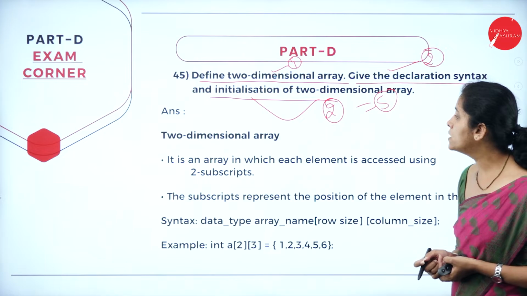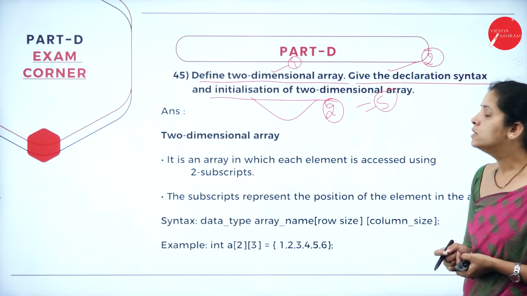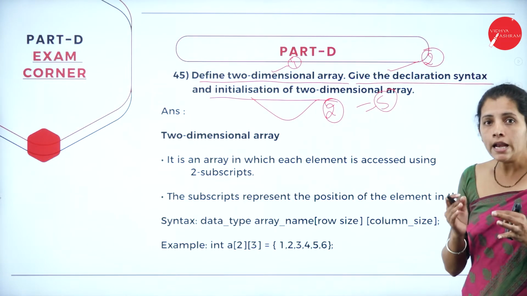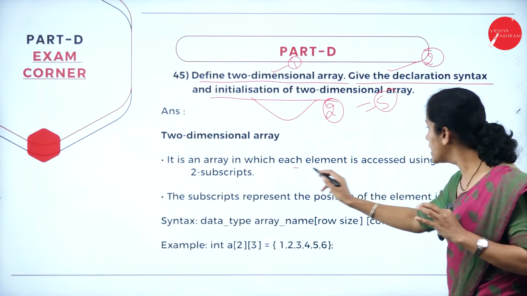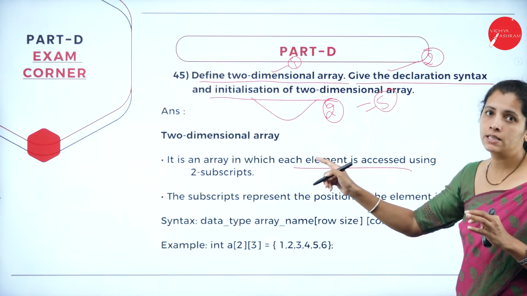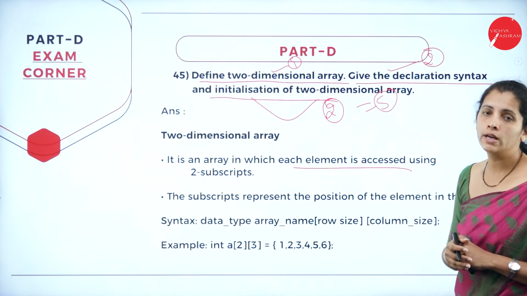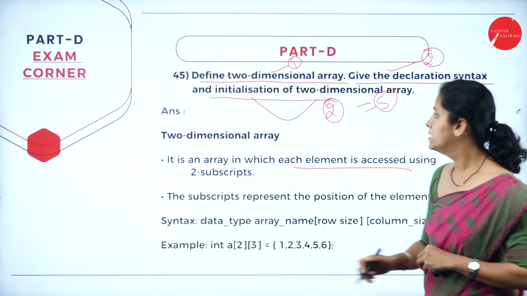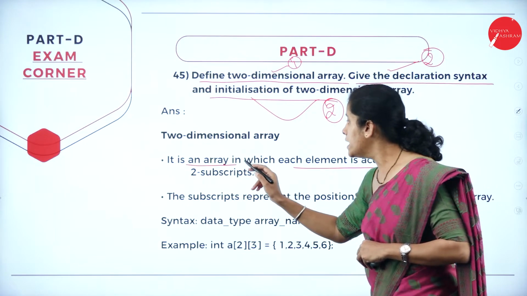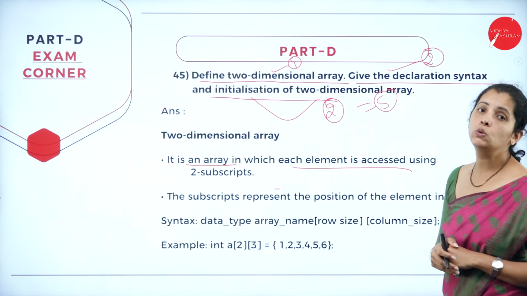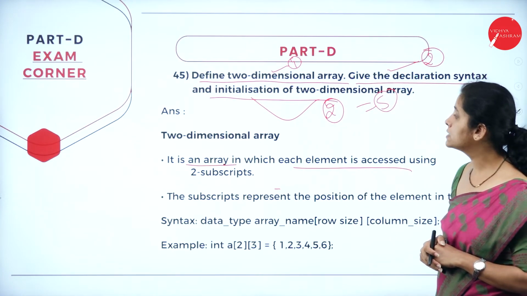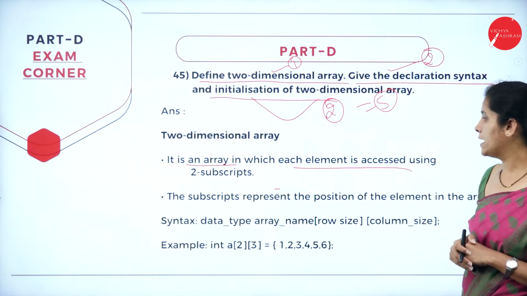So, what is two-dimensional array? To access any array element, if I require 2 subscripts, then it is called two-dimensional array. It is an array in which each element is accessed using 2 subscripts, then it is called two-dimensional array.